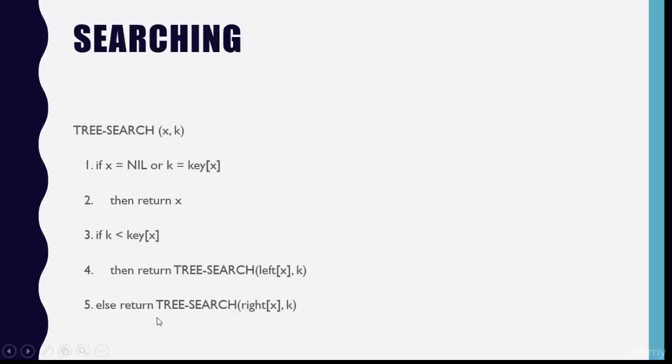Symmetrically, if k is larger than key of x, then the search continues in the right subtree. The nodes encountered during the recursion form a path downward from the root of the tree, and thus the running time of tree search is order of h, where h is the height of the tree.